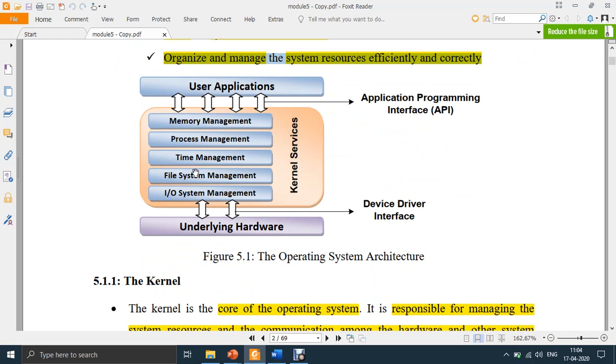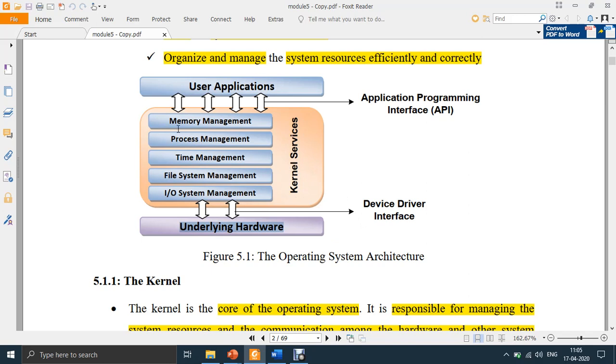So this is the simple diagram. This is the user application and this is the underlying hardware. Underlying hardware means the CPU, the memory, the peripherals, the I/O devices. In between these two, you can see kernel services, which are nothing but OS services.